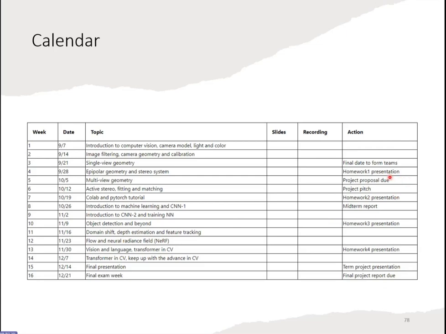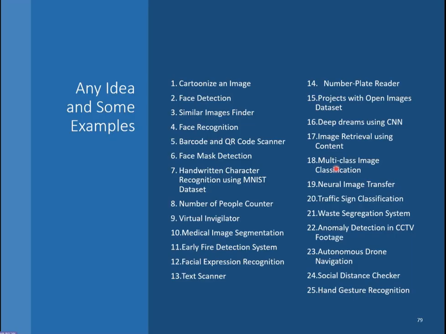So 3 weeks later, I expect to receive your homework 1, and I want you to present your homework 1. I think 3 weeks should be enough for you, right? And for the term project, any kind of idea you can use.